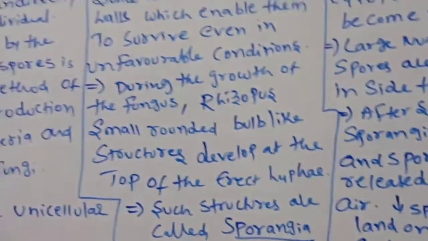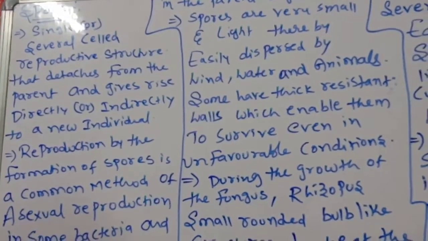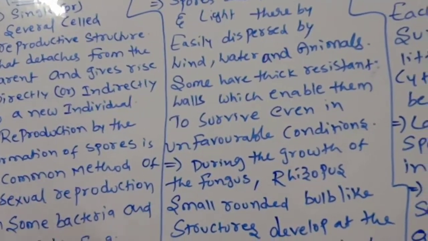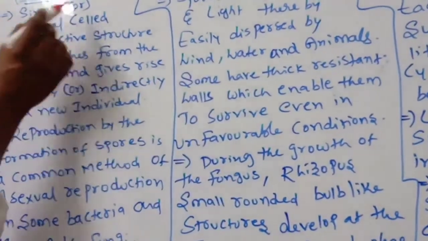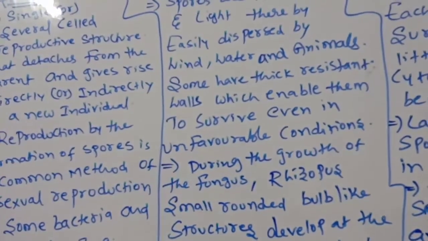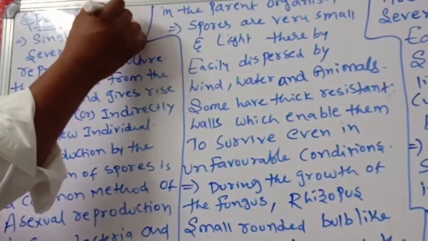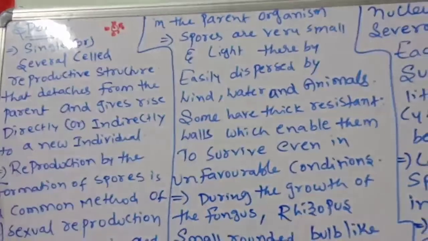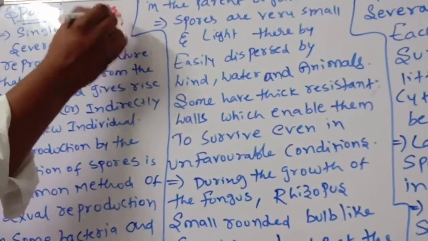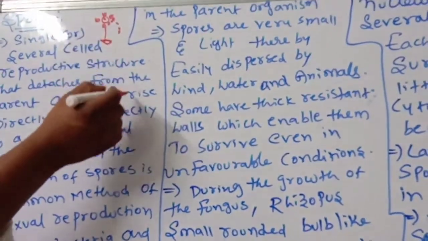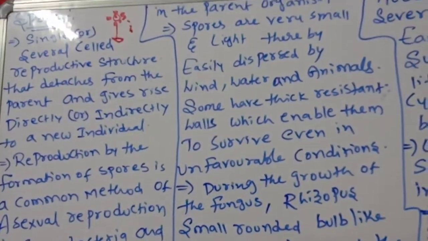Observe very carefully. We are discussing spore formation in the fungus. A spore is a single or several celled reproductive structure that detaches from the parent and gives rise directly or indirectly to a new individual.